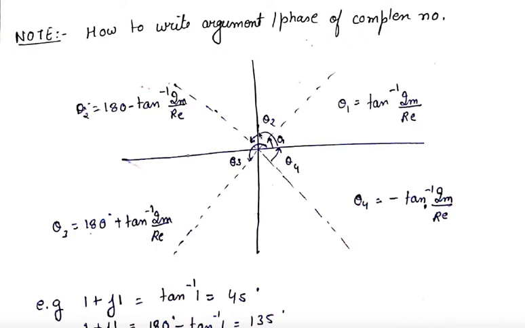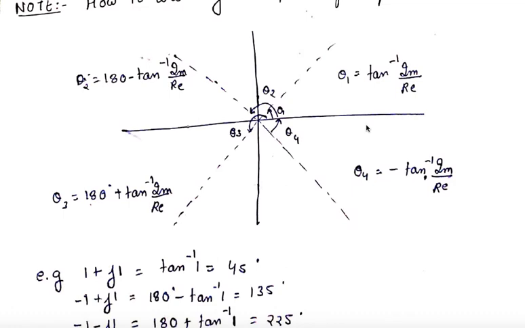So this is our coordinate axis, this axis is our real axis and this axis is our imaginary axis. So if your complex number is, for example, 1 plus j1, both are positive. So in that case phase is written as tan inverse imaginary divided by real, and while writing this imaginary and real you should only take the magnitude of the complex number, not any sign, because sign we have already considered in selecting the quadrant.